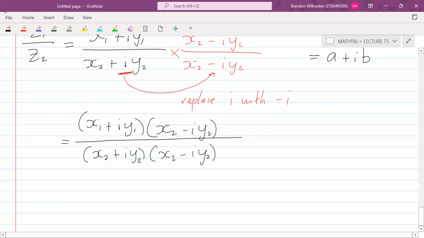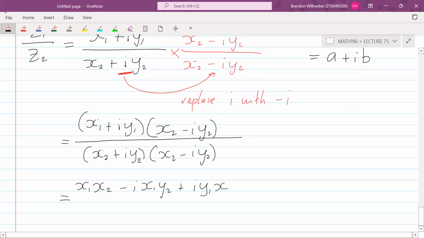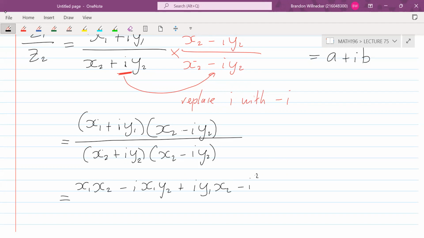Okay, so let's multiply this out. In the numerator, we're going to get x1 x2, minus r x1 y2, plus r y1 x2, and then minus r squared y1 y2.